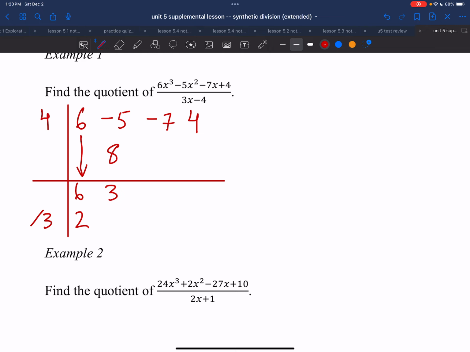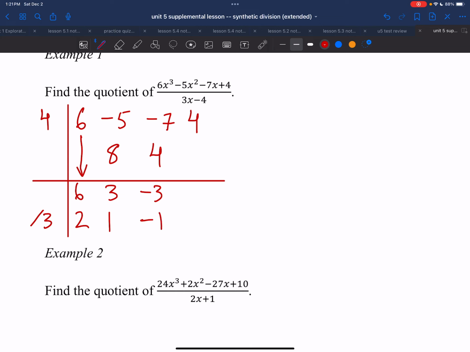But again, I'm not going to do 3 times 4. I'm going to divide 3 by 3. Or I'm going to take this number and cut it by 3. So that becomes 1. And then I do 1 times 4, which gets me 4 here. -7 plus 4 is -3. Divide by positive 3 is -1.